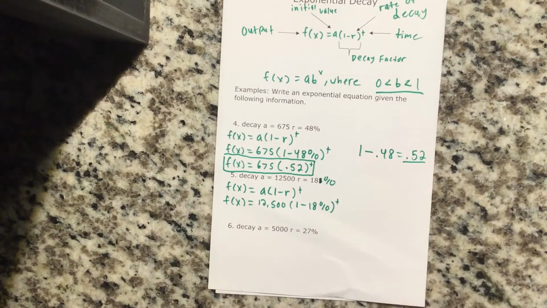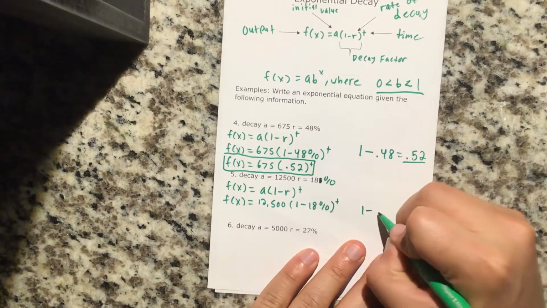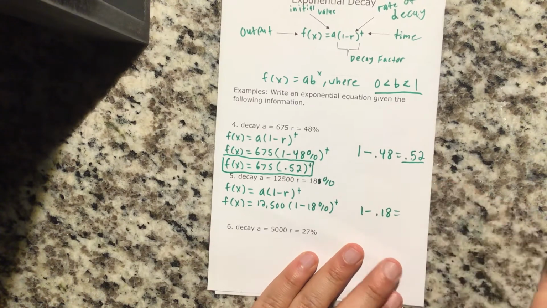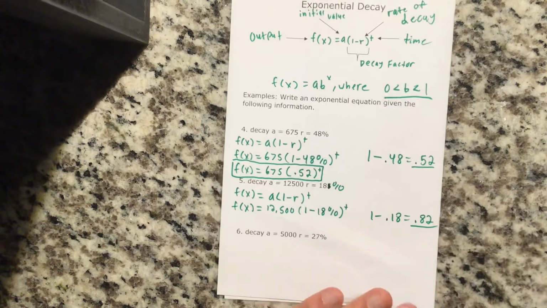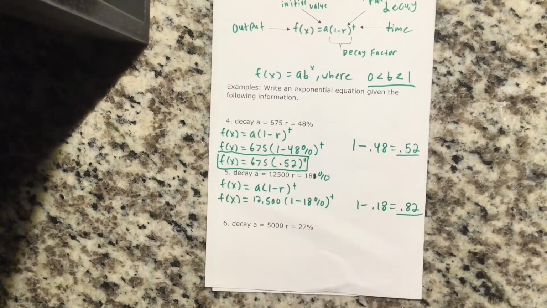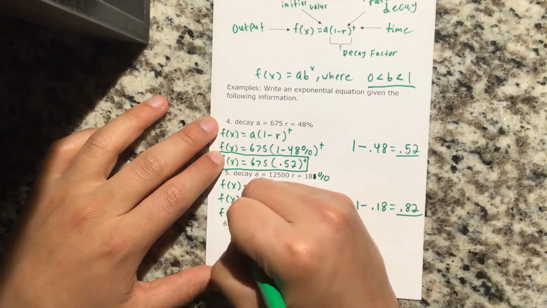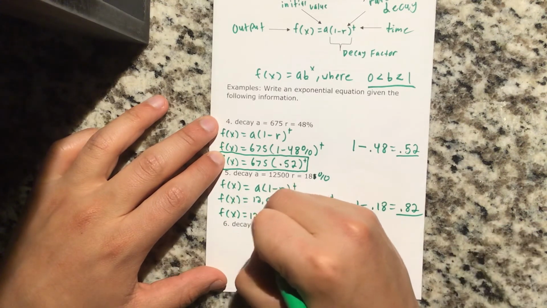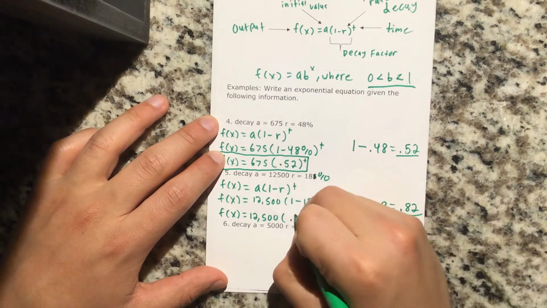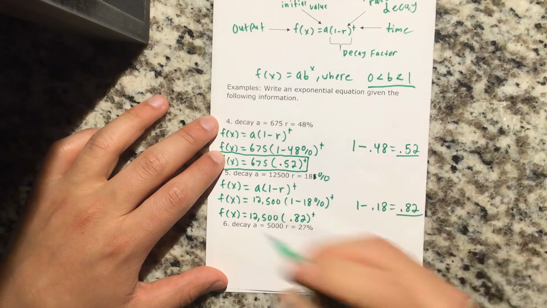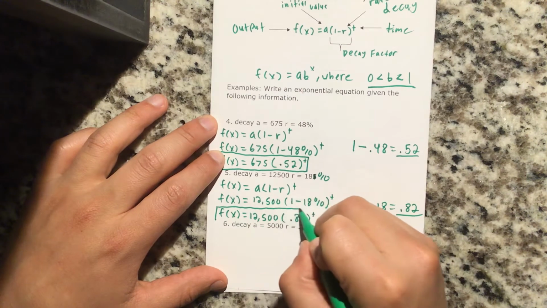Okay, so we do a little math off to the side here. 1 minus 0.18, okay? Put in your calculator, you get 0.82. So that is my decay factor. It's in between 0 and 1, okay? Simplify it out, write my final answer. F of x equals 12,500 times my new decay factor, 0.82 to the t power. And there we go.